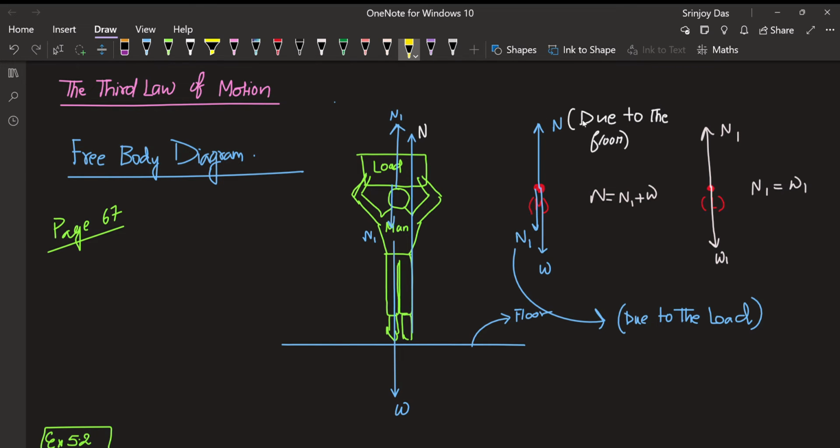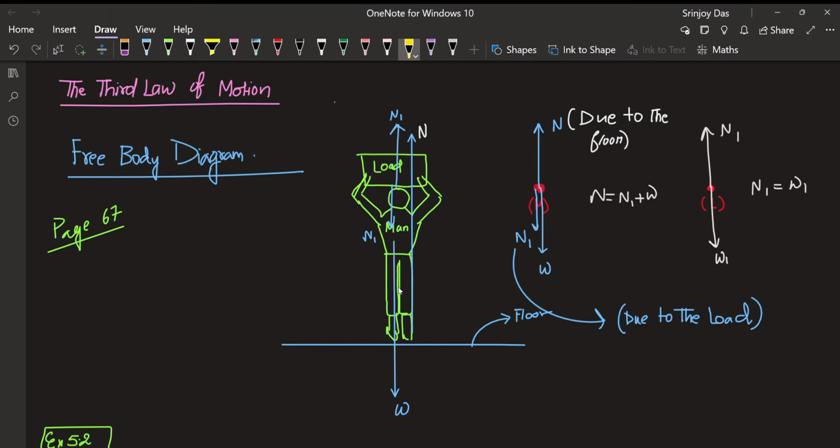Here it is N, the normal force due to the floor. फ्लोर जो नॉर्मल फोर्स दे रहा है उसके लिए फोर्स अपवर्ड डायरेक्शन में, and the weight is mg downwards direction, and the N1 is the normal force by the load towards the head of the man.